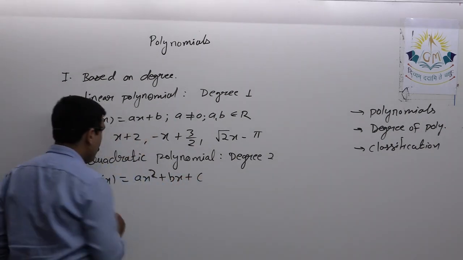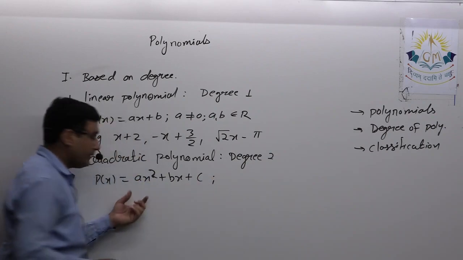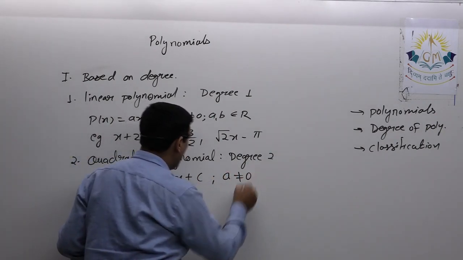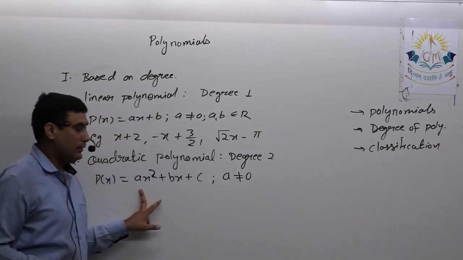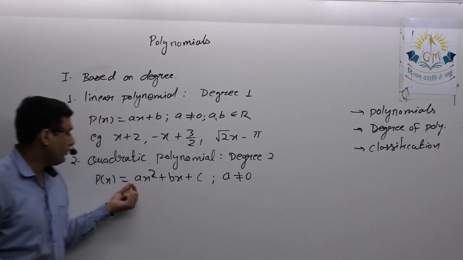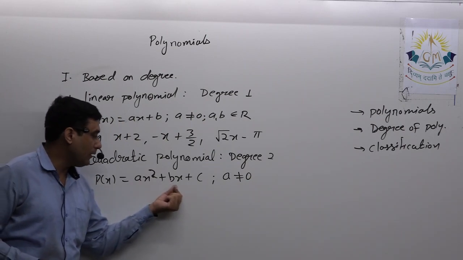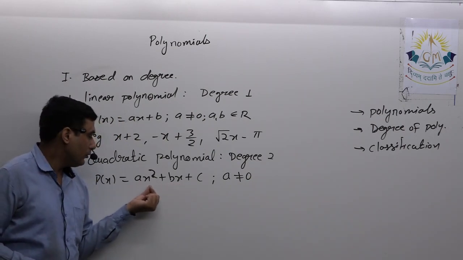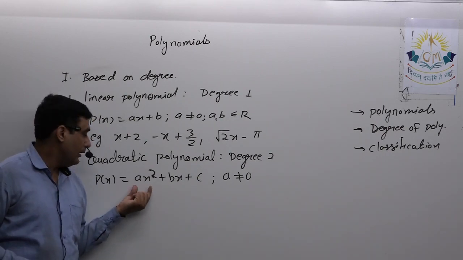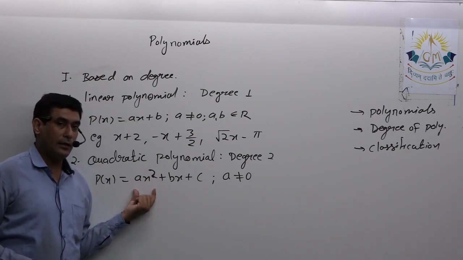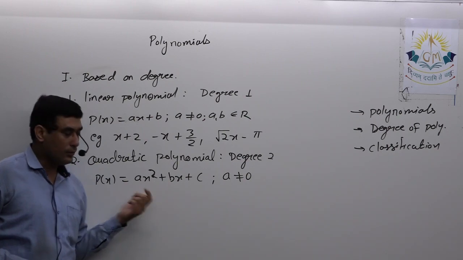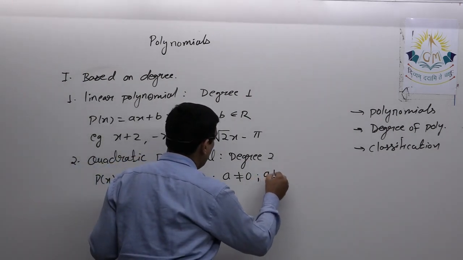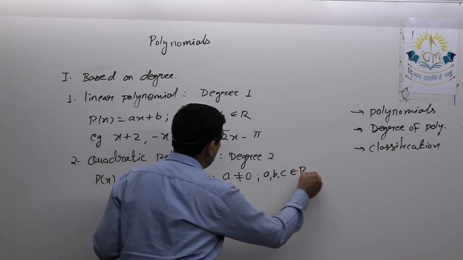Here again a should not be equal to 0. This is also known as the leading coefficient. The coefficient of x square is a, the coefficient of x is b, and this is the leading term, so a is known as the leading coefficient. a is not 0, and a, b, c belong to real numbers.